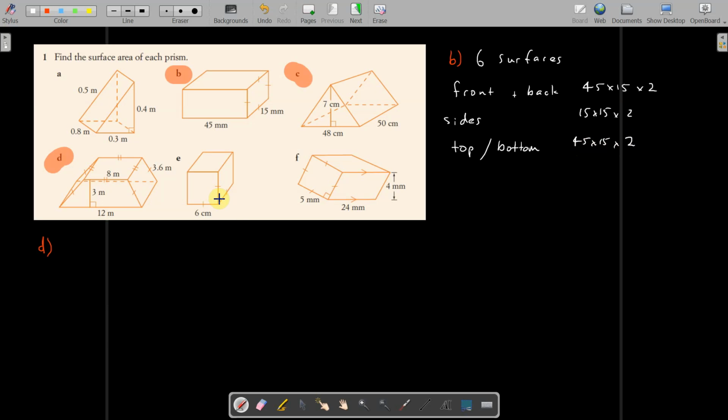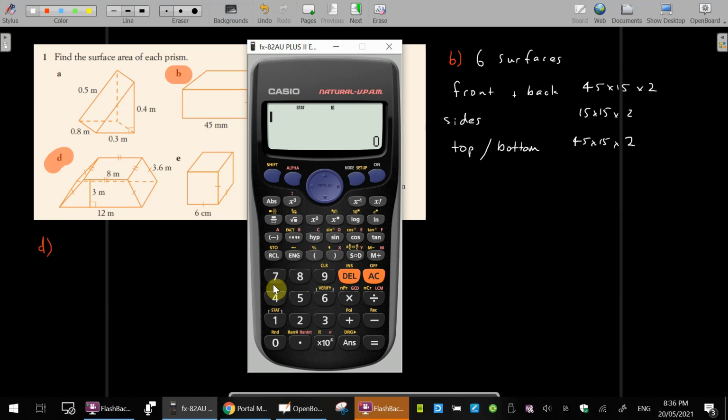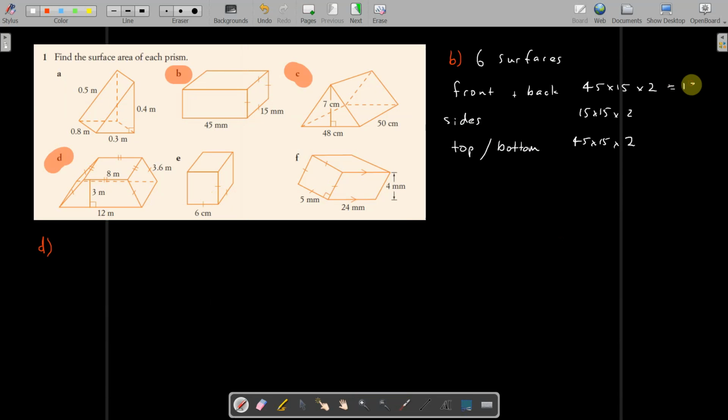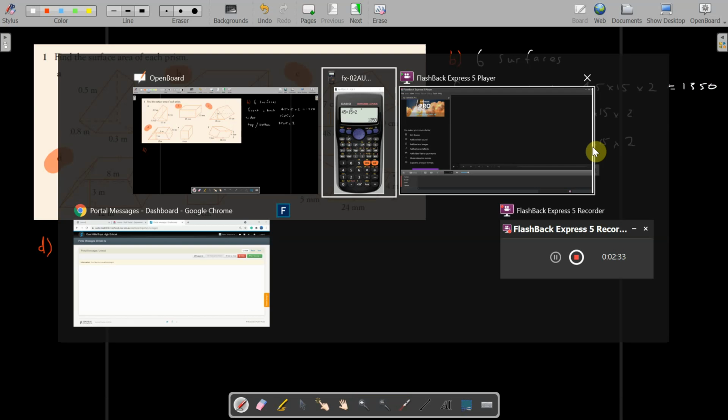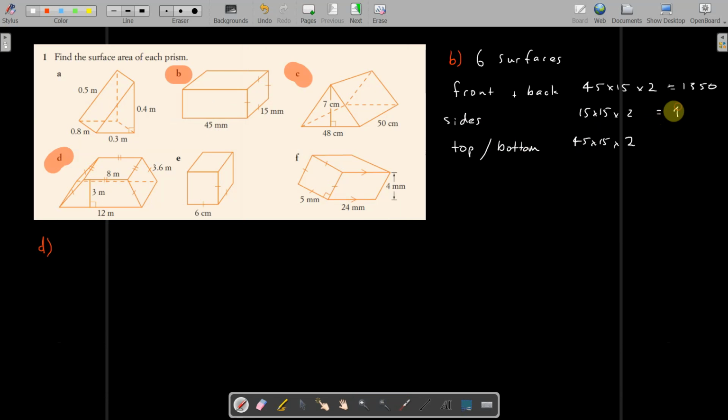So let's see what that comes to. 45 times 15 times 2, 1350. 15 times 15 times 2, 450, and this one's the same as the top one.